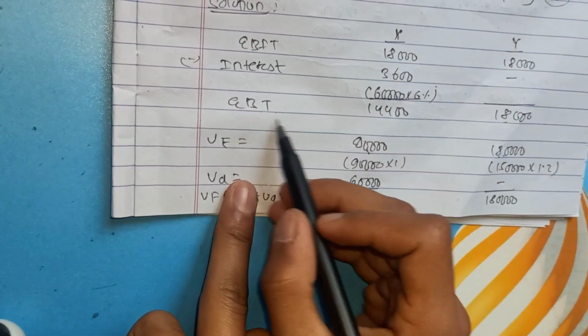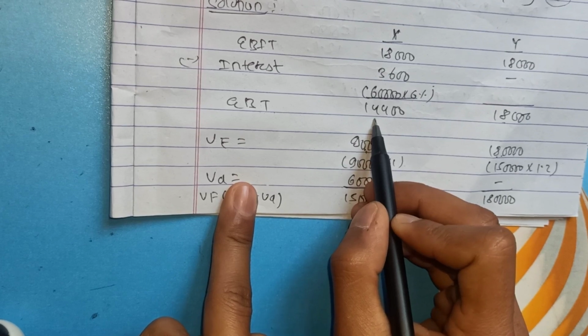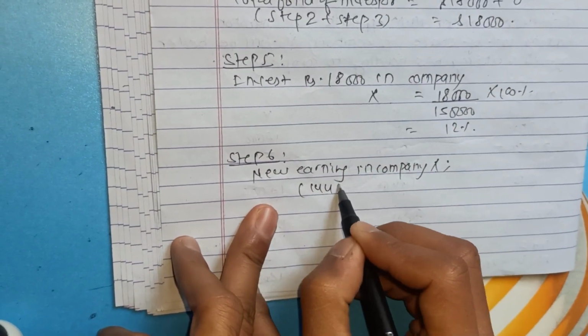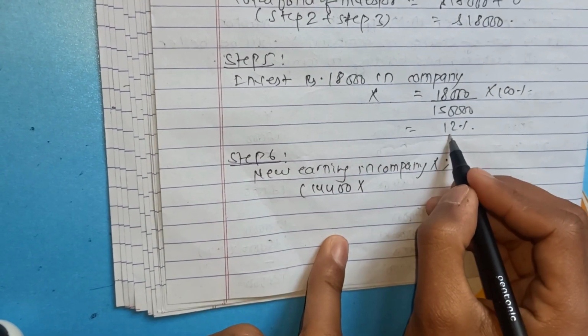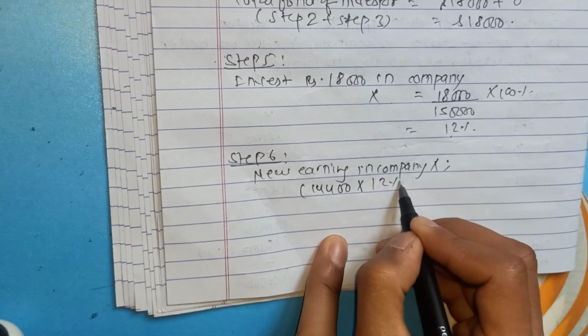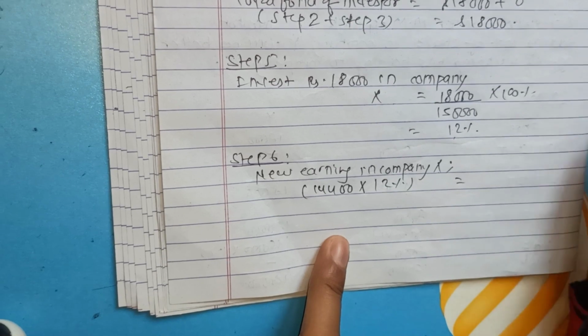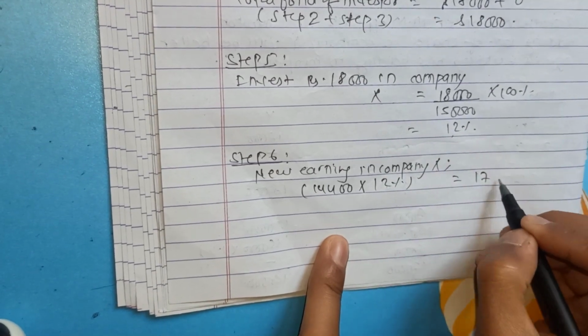Now we have the EBT in company X is 14,400 into how much is the percentage, means 12%, that comes to 14,400 into 12% is 1728.